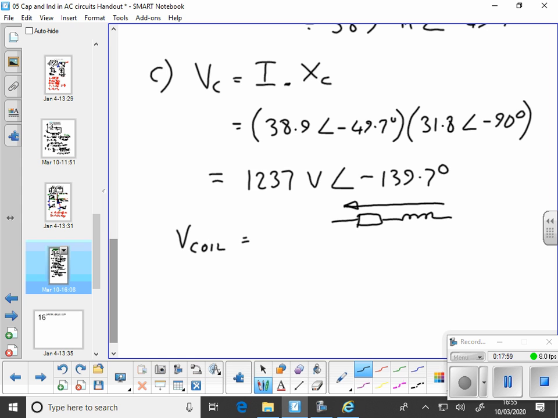If that was a real coil, we can't get our meter in and measure just the voltage across the inductance or the resistance. We're just representing a real coil that has some inductance. So we can use Ohm's law, but it's got to be I times Z coil.